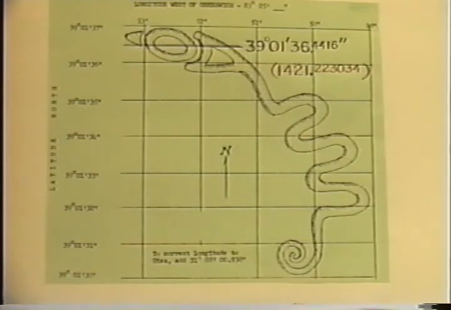Now that we have all had our basic training on observations and the use of pi in finding things, we're ready for some graduate work. For this, we return to Guatemala, to a place called Tikal.